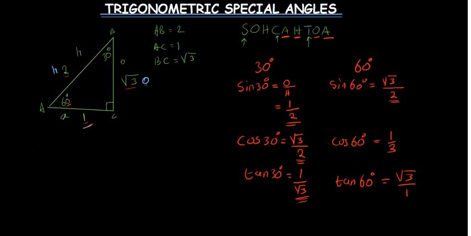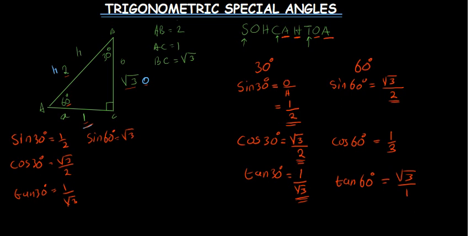We have found out, we have said sine 30 degrees is equal to 1 over 2. We say cos 30 degrees is equal to root of 3 divided by 2. Then tan 30 degrees, we have found that is 1 over root of 3. Then sine 60 degrees is equal to root of 3 divided by 2.